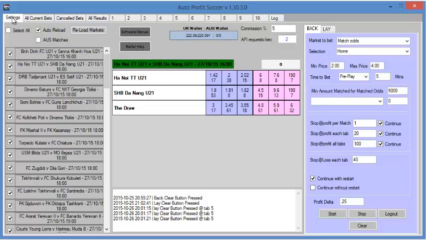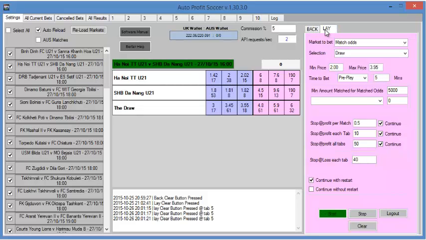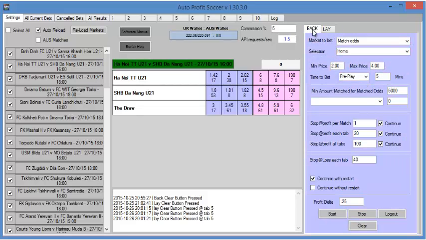So currently we're on what we call the settings page, and this is where we have the 2 tabs here, back and lay. Each tab works totally independently within its settings. So you can see here, if I click on here, these are the markets that we can bet on. Match odds, unders and overs, both teams to score.